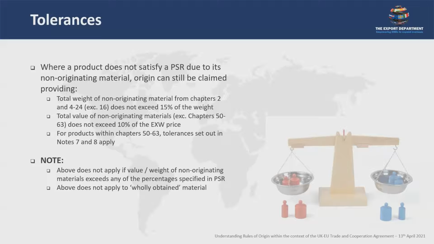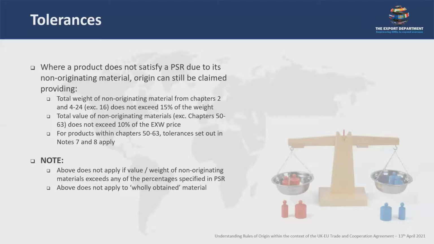But what's really important to remember is when the specific working or processing rule already provides for the use of non-originating materials, you can't then use that general preference rule to exceed the percentage specified in the list rule. So it's useful in certain circumstances, but it can't supersede the product specific rule when that already sets those thresholds.